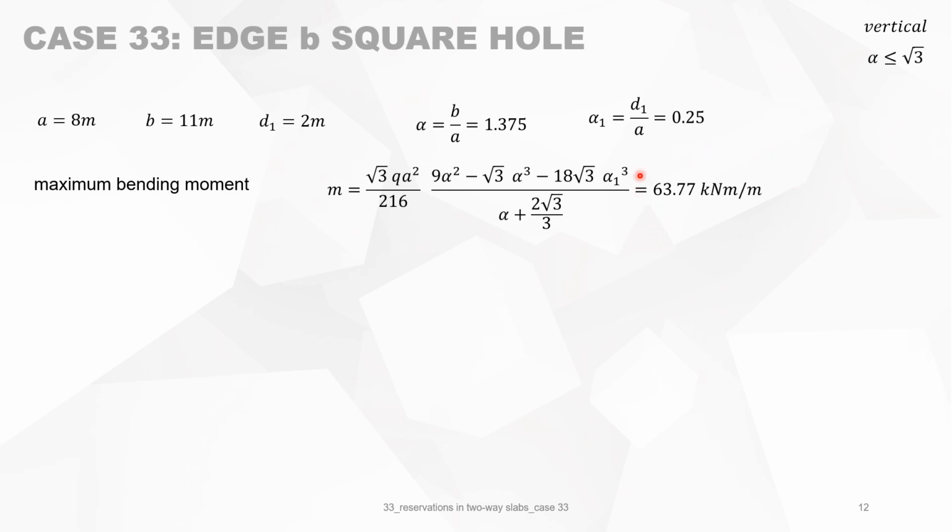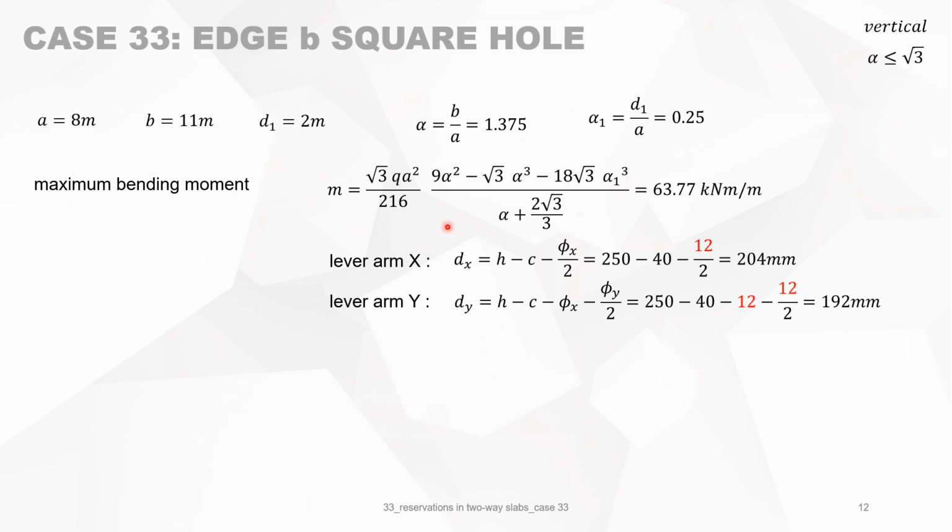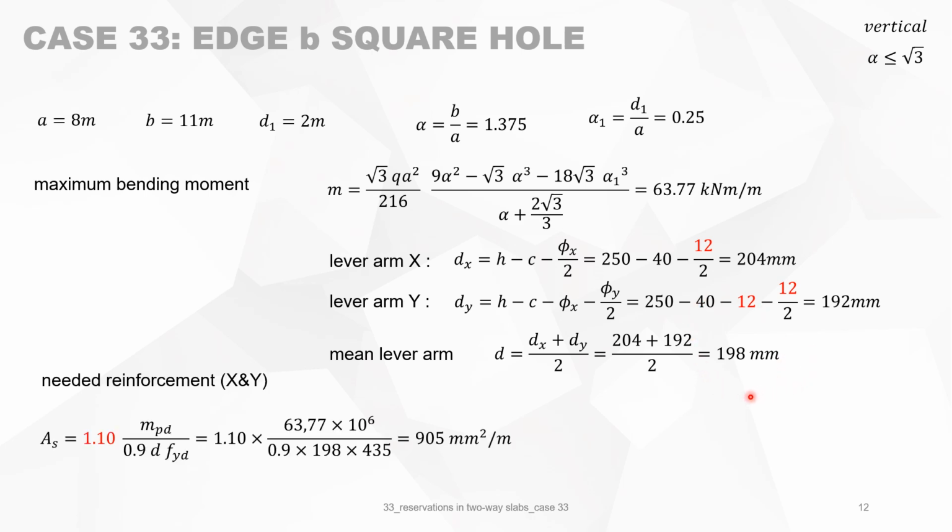We convert this bending moment into reinforcement. We calculate the lever arm. We calculate the mean lever arm, which is 189 millimeters. And the reinforcement is 1.1 times the maximum bending moment divided by the lever arm and divided by the yield strength of the reinforcement.